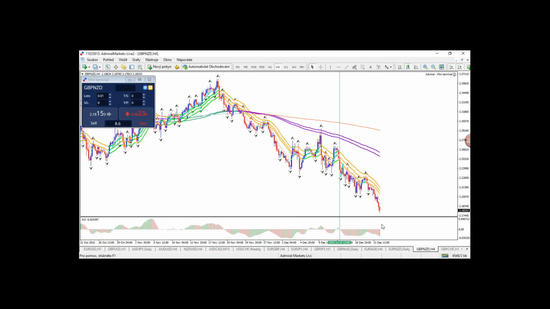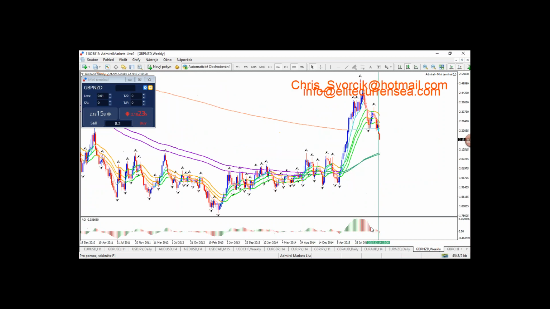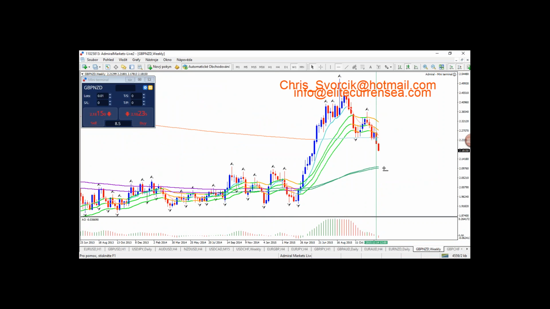Let's take a look at the weekly here. You can see it has a lot of space still to these tops and the long-term moving average. Definitely showing kind of a zigzag pattern as well. Let me get rid of these email addresses.